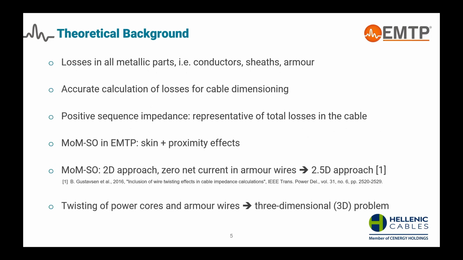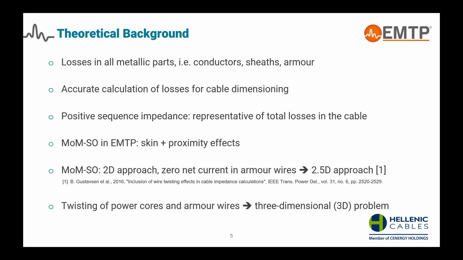As we know, the losses generated in cables in all metallic parts are very important, and accurate loss calculation is critical for the right cable dimensioning. A representative value that reflects all these total losses generated in the cable is the positive sequence impedance.